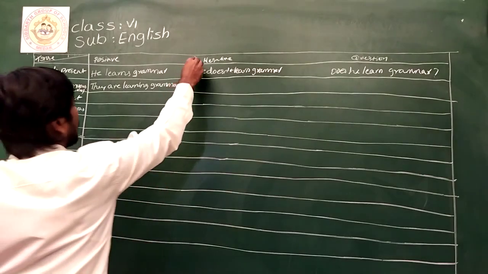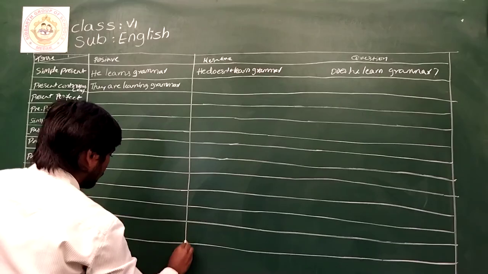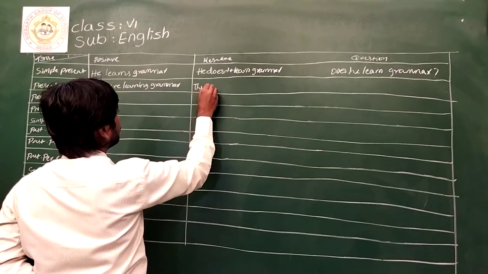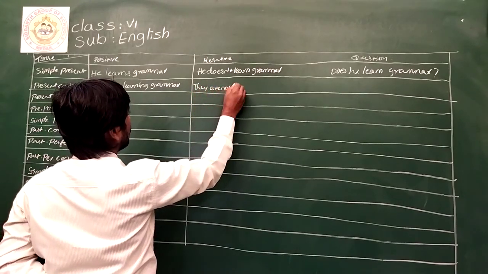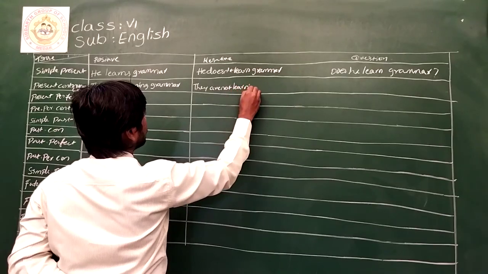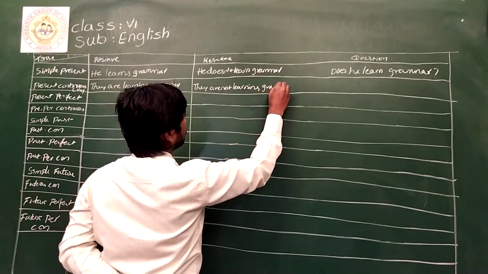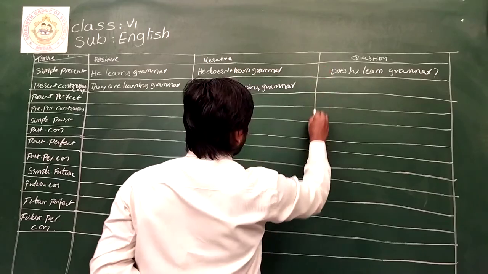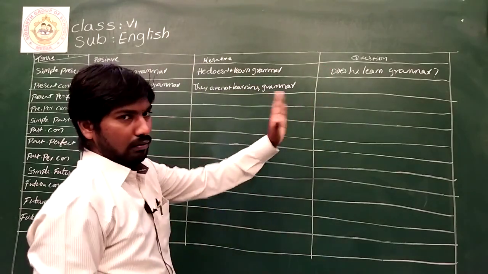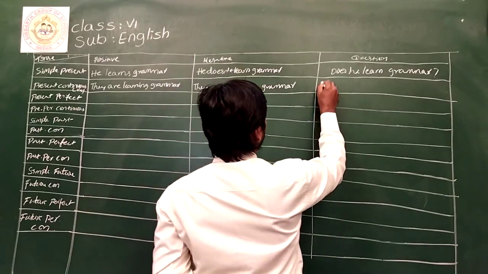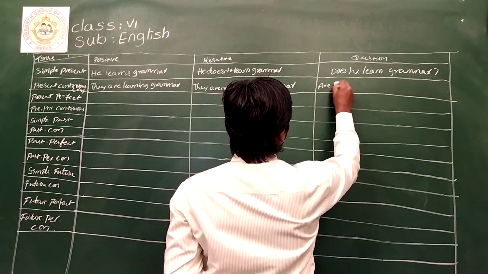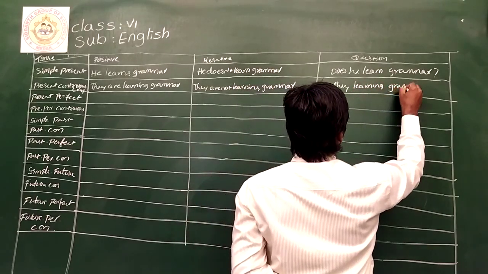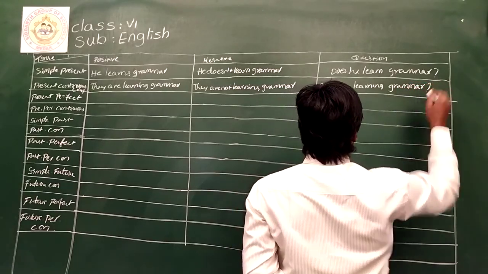Negative: they are not learning grammar. For the question, the auxiliary verb will come first: Are they learning grammar? Children, I am using different subjects here, not the same subjects.